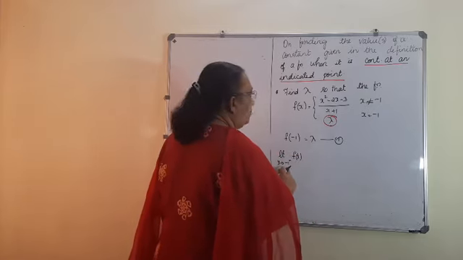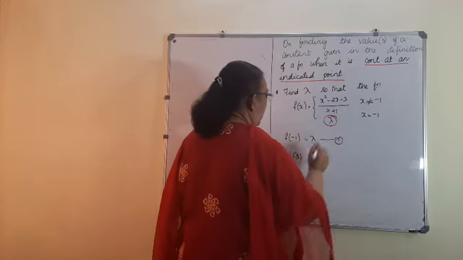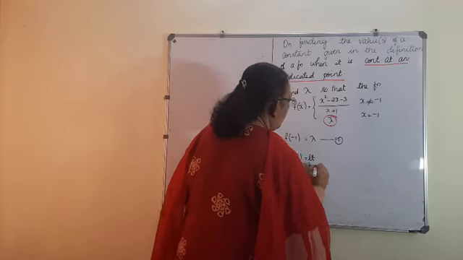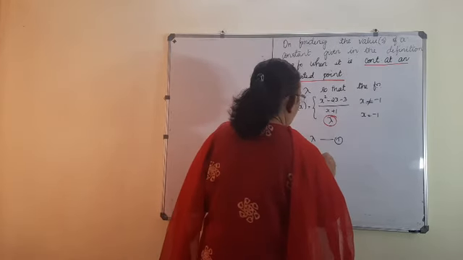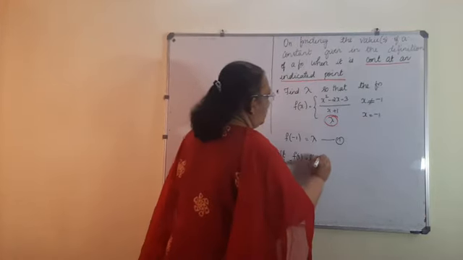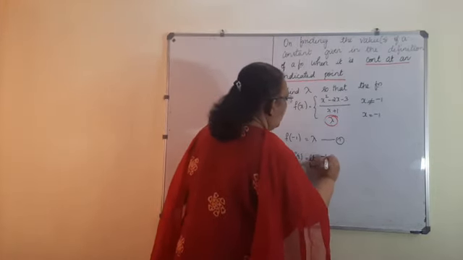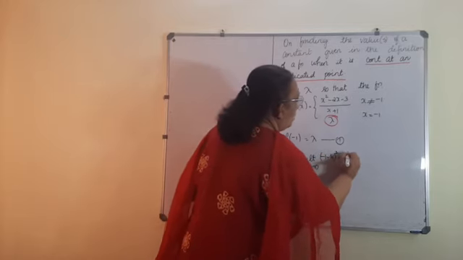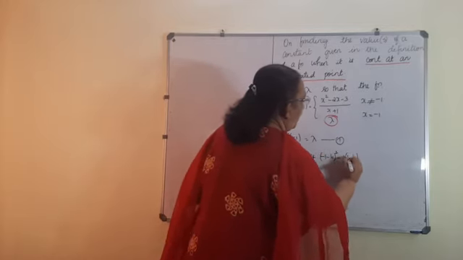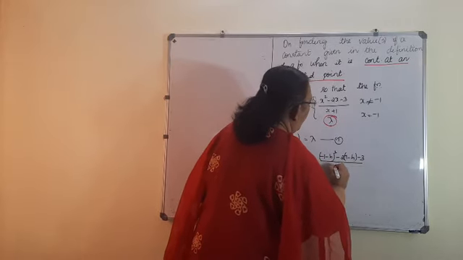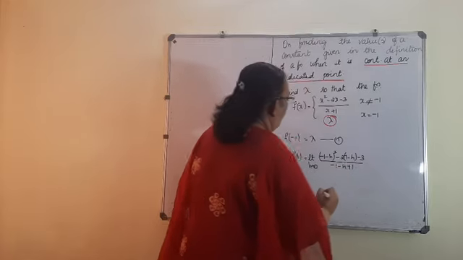I took the left limit at the point minus 1, which is the limit of h tending to 0 of minus 1 minus h the whole square minus 2 into 1 minus 1 minus h minus 3 divided by minus 1 minus h plus 1.